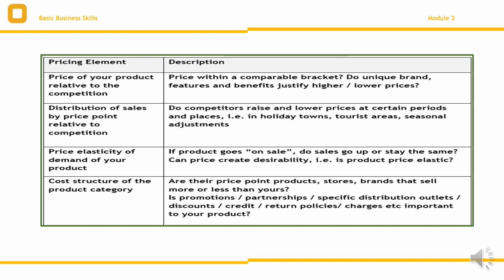You also need to look at their promotions, their partnerships, their distribution outlets, whether they sell on credit, what their return policies are, how they are charging for their product in relation to yours. So it's important to analyze how your competition is pricing their product or service, so that when you are setting your price, you are also able to adjust your price so that it's set appropriately.